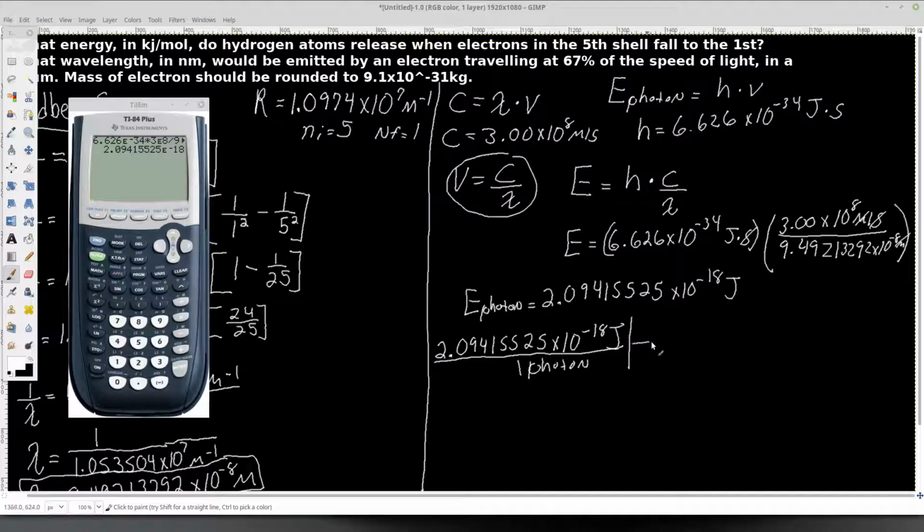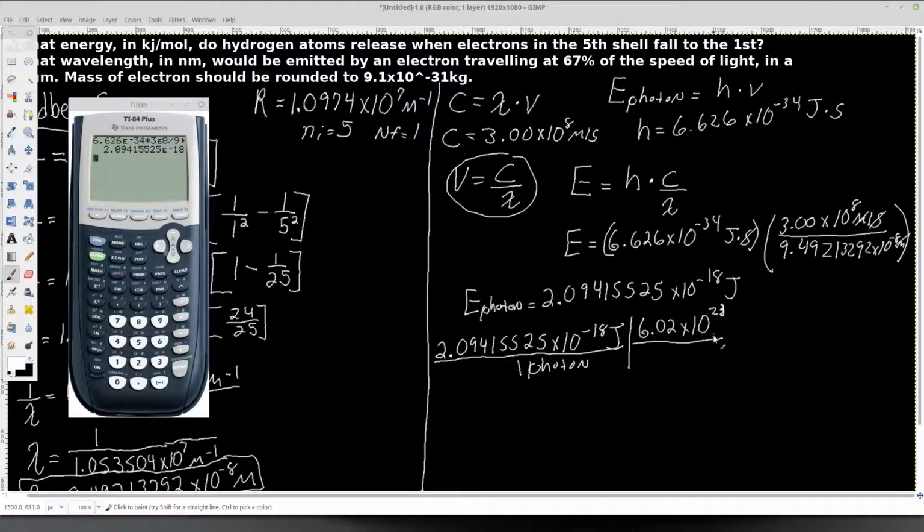Let me take care of the photons. Well, there are 6.02 times 10 to the 23rd particles, tiny things like atoms and ions.